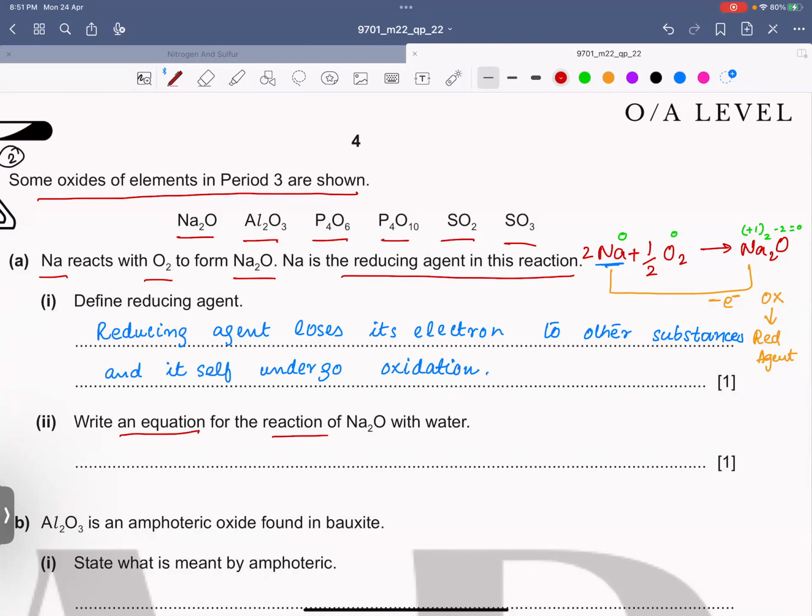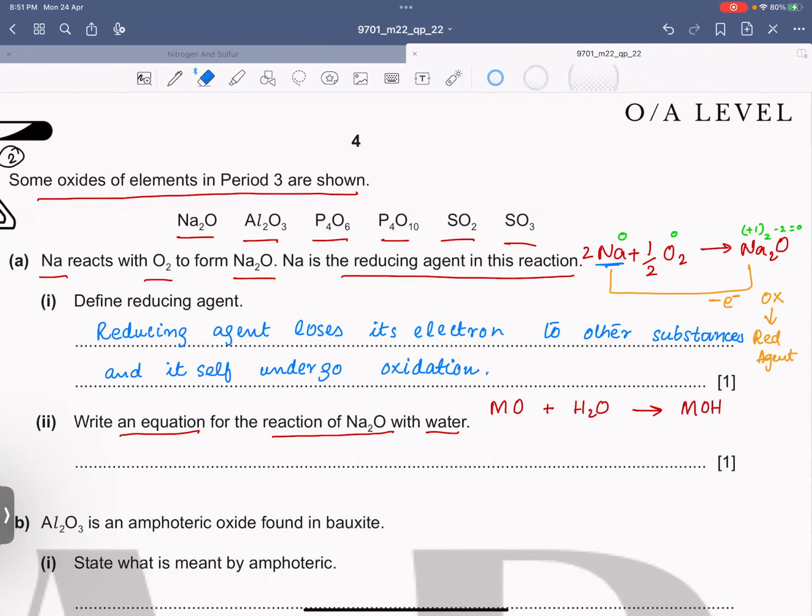Write an equation for the reaction of Na2O with water. So let me remind you, whenever a metal oxide reacts with water, you will always get a metal hydroxide. It's simple.